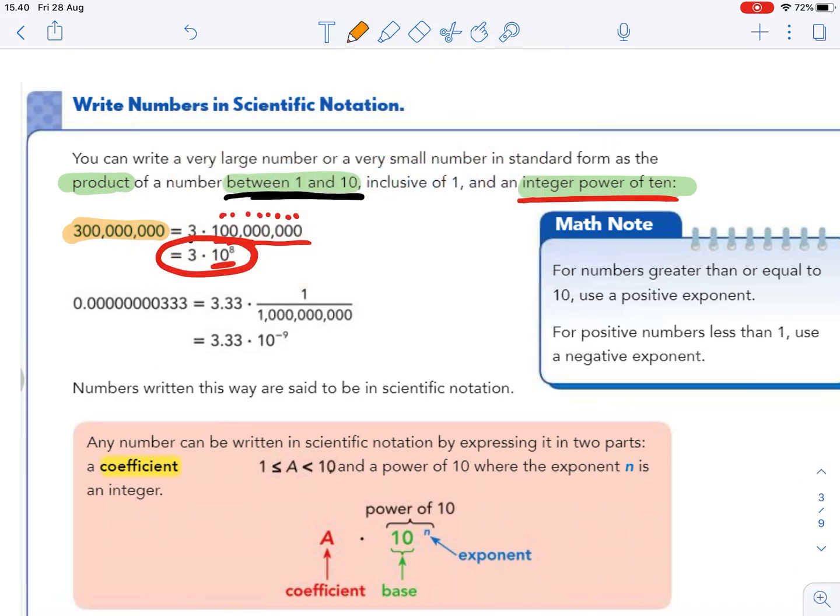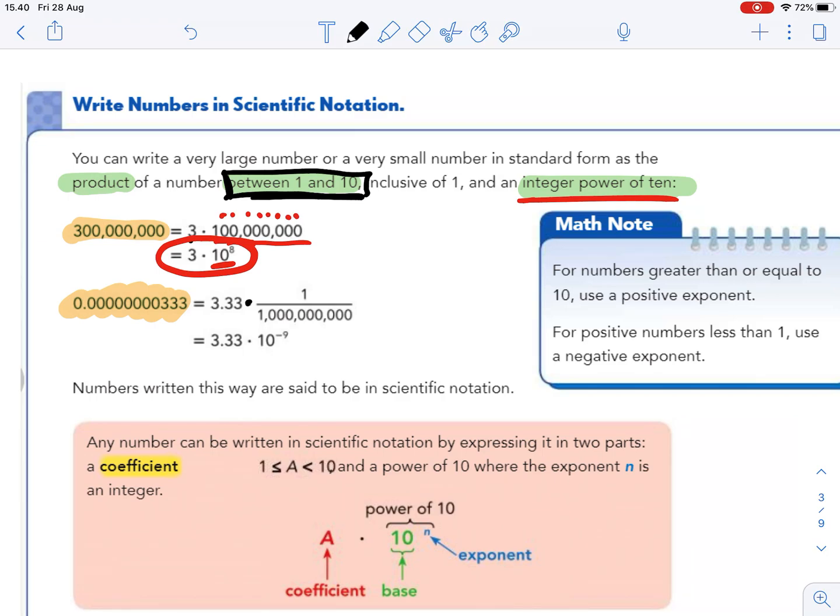What about if it's a really small number, like this number right here? Well, again, and this might not be as intuitive, but I see this 333 in here. So what I can do is write this between 1 and 10, 3.33 times, and now this is a really small number. So in order to get really small numbers, you divide by big numbers.